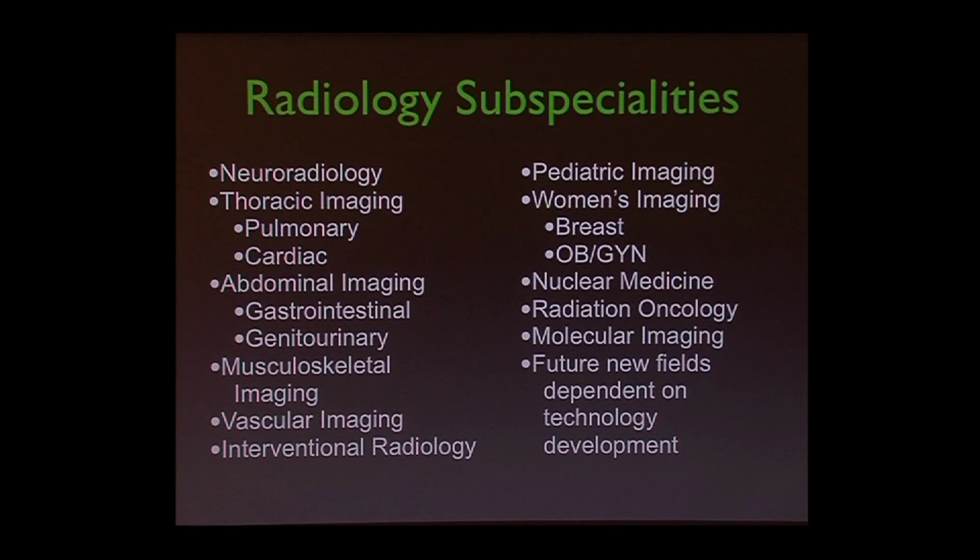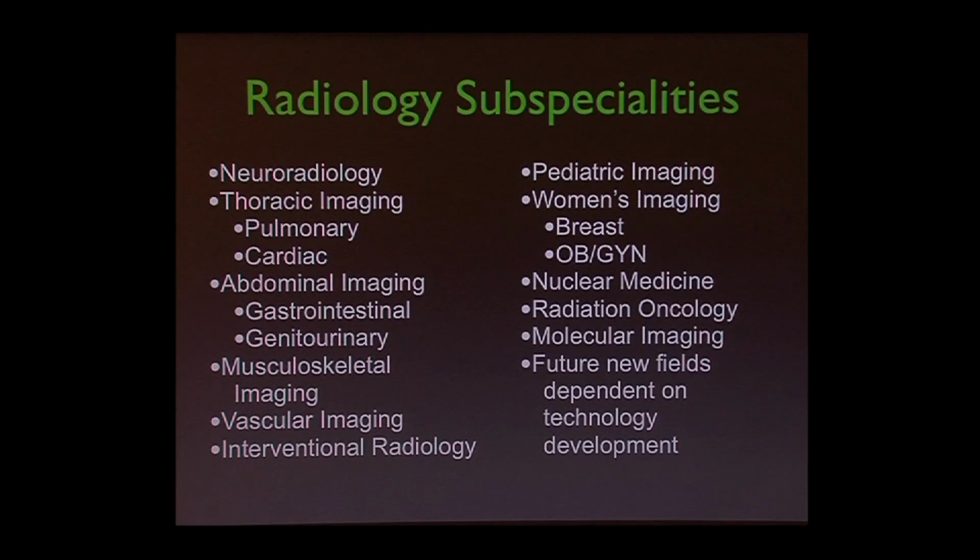This is just a list of the subspecialties within radiology. And as you can see, we do end up being involved in every part of the body in some way. Here at UCSF, we have specialists in neuroradiology, thoracic imaging, abdominal imaging, which is mainly what I am, or bone radiology, et cetera.